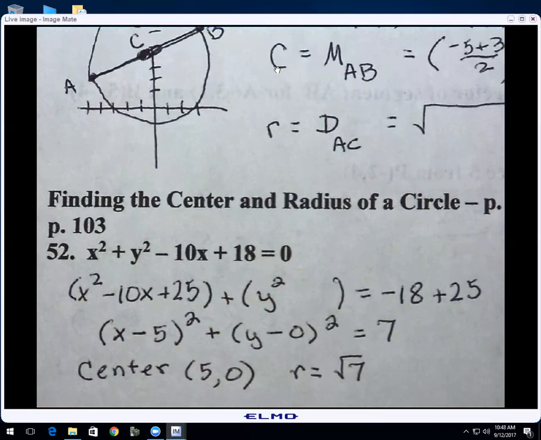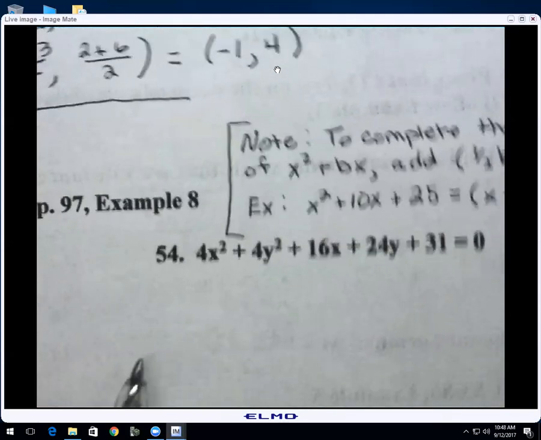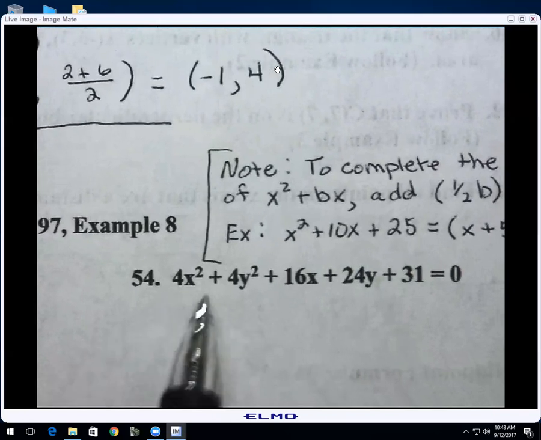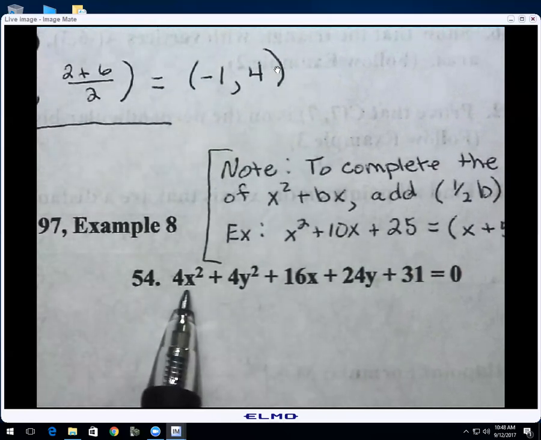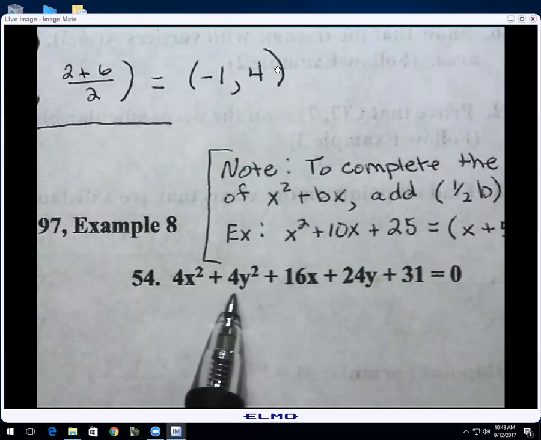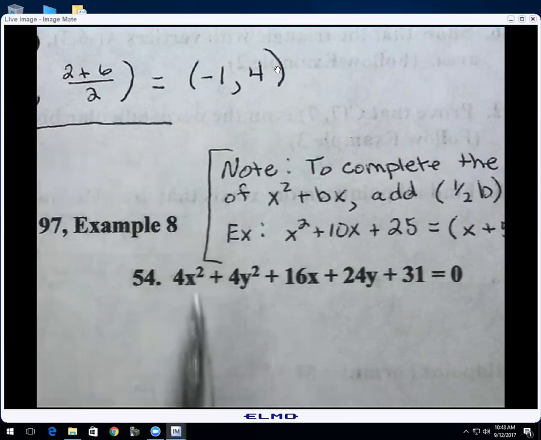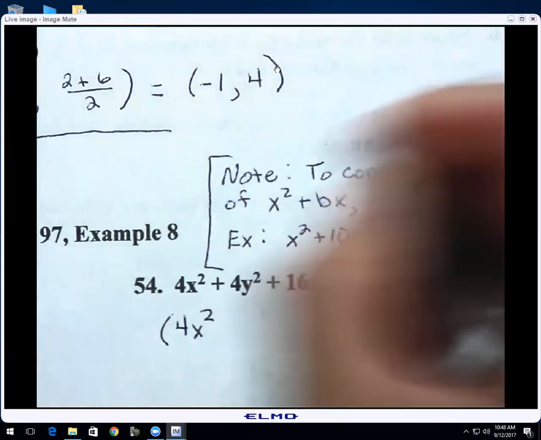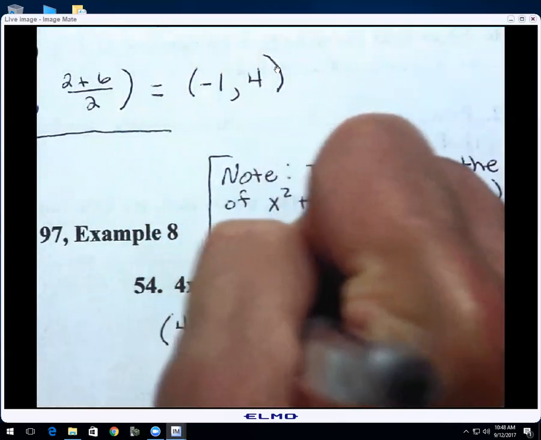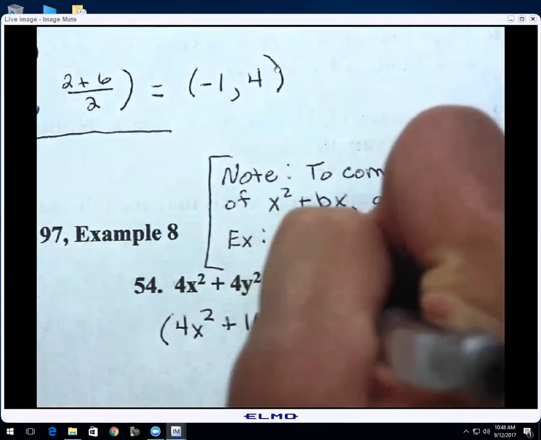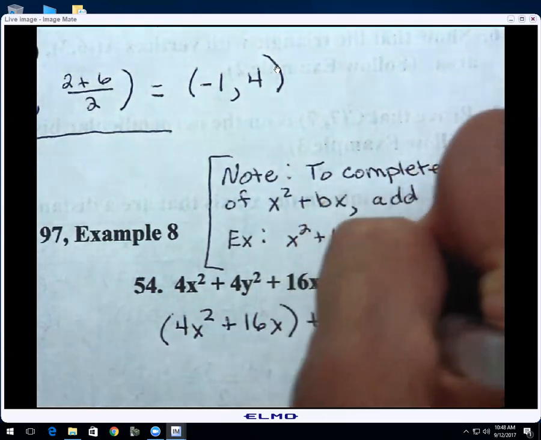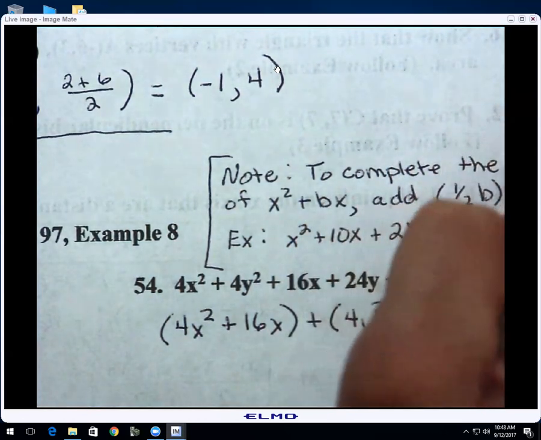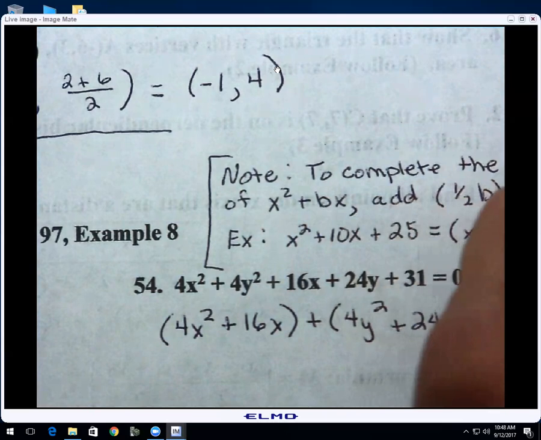Number 4, just 54, is just one step harder because I don't just have a 1x squared and a 1y squared. I'm still going to group my x's and group my y's and move my constant to the other side.